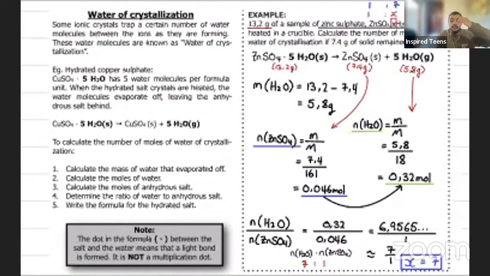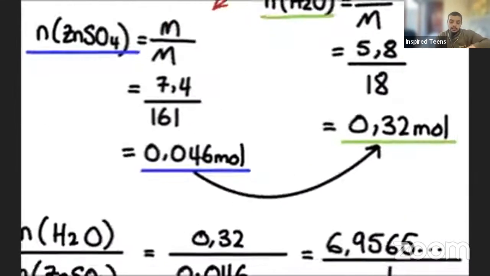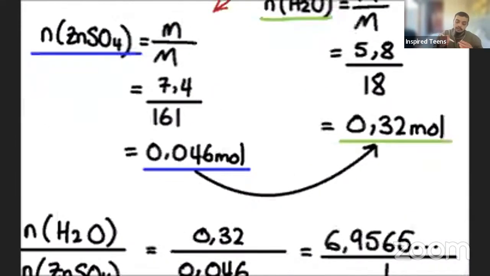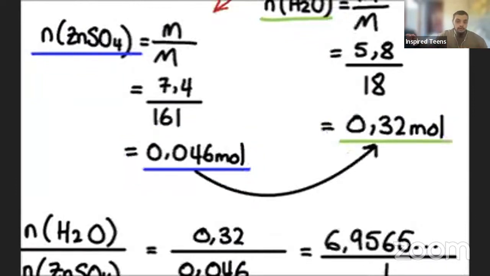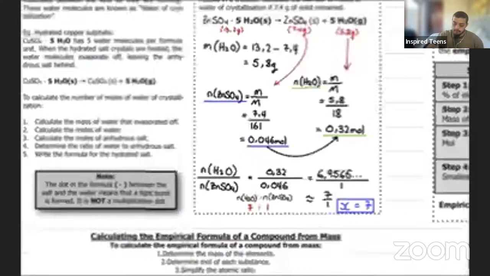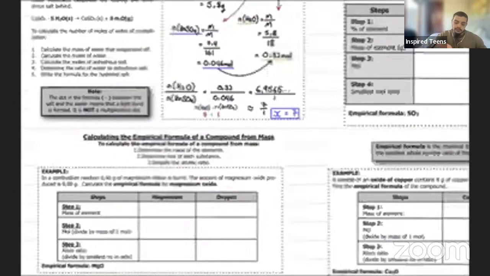So you're going to compare their moles and create a ratio with their moles. So there's 0.46 moles of ZnSO4 and there's 0.32 moles of water. Then you can compare them as a ratio. When we actually compared them, we found that there's approximately 7 times more water than there is of ZnSO4. That's how we got the ratio of 7:1. Okay, let's move on.